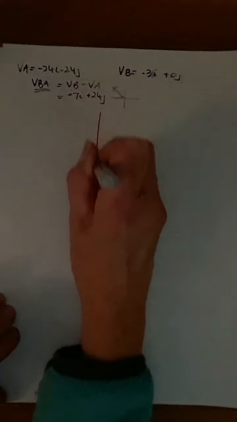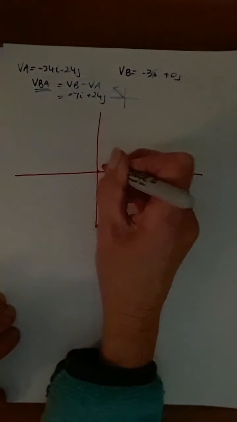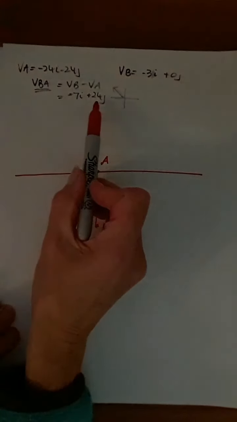The second thing now is that the question said, after finding VBA, at noon, ship B is 300 kilometres south of A. So I'm going to draw a nice big diagram here. So B's down here, there's A. When you do your VBA, it is minus 7i plus 24j.